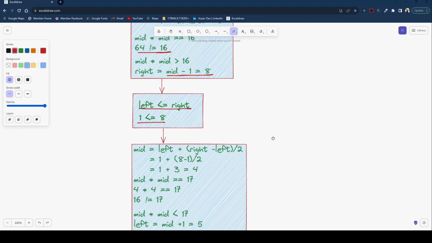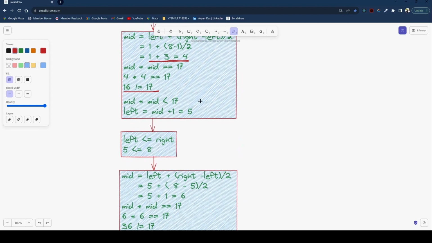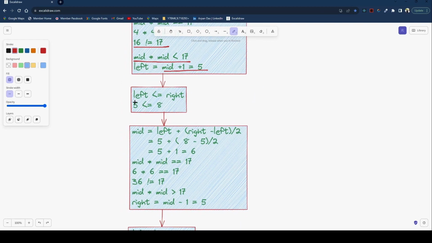Then in the next step we calculate the mid. The mid into mid is 16, which is not equal to 17, and the square of mid is smaller than 17. We have to move the left. We have to check in the right part of that mid element.